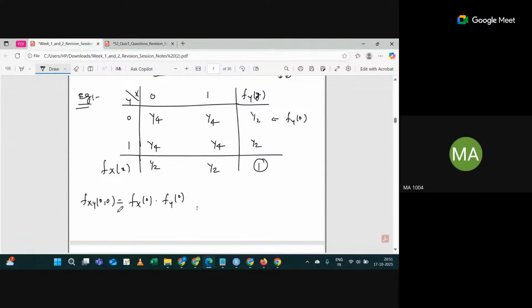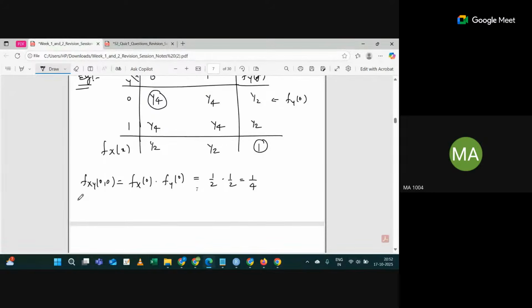I have to check all the possibilities. fx of 0 is 1 by 2, and fy of 0 is also 1 by 2, which is 1 by 4, equal to this joint probability.